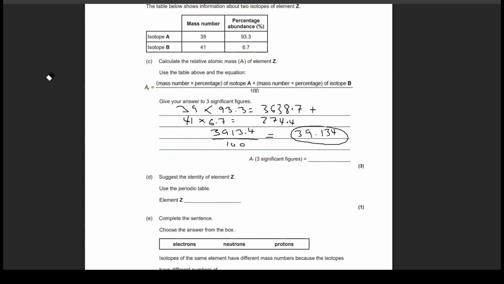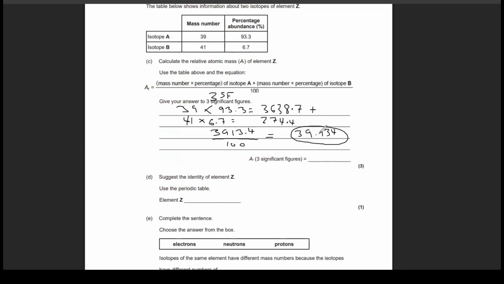We're bang on, right? So this is a common sense check, just in case you get some weird number like 56 or 105, then you'd know, well, hold on, it has to be in between 39 and 41, and it should be close to 39. Okay, anyway, enough of that business. We need to do the 3 sig fig. You see it says 3SF over here. So 3 significant figures don't include zeros, just include the first 3 numbers.